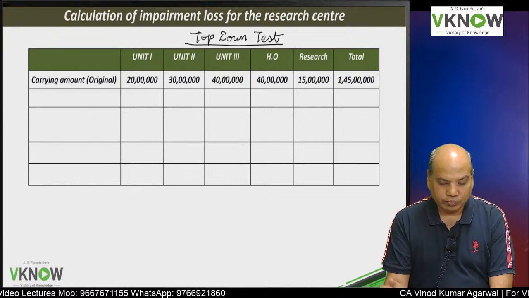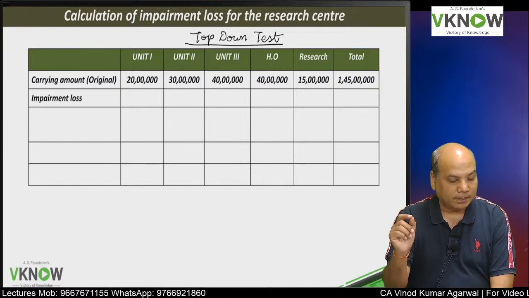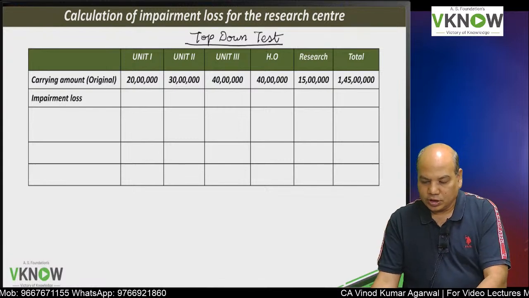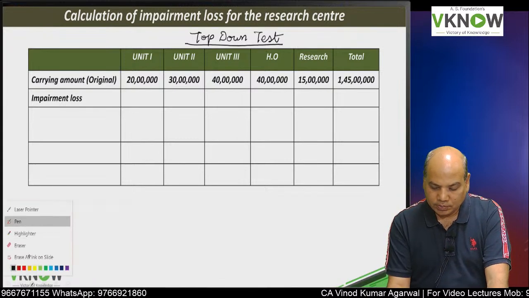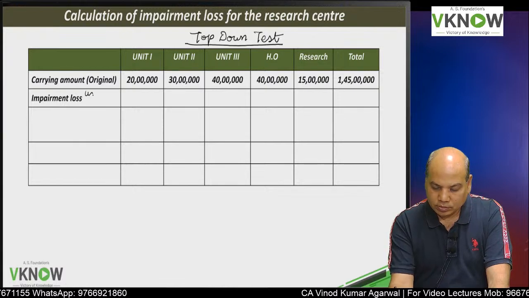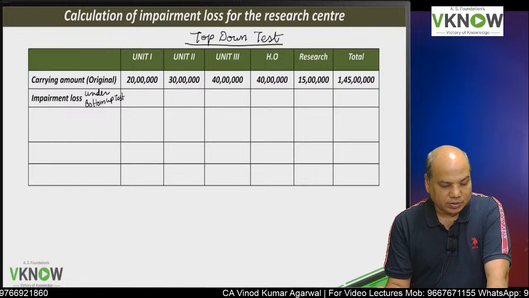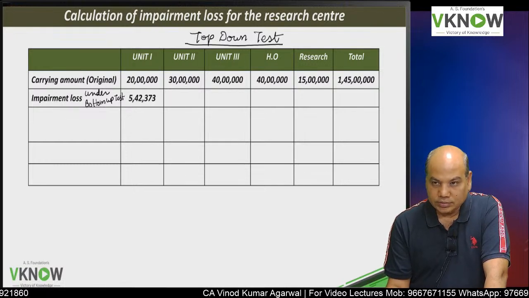Now what should I do? First I should deduct impairment loss under the bottom up test. Go to the previous table and you will get the answer.